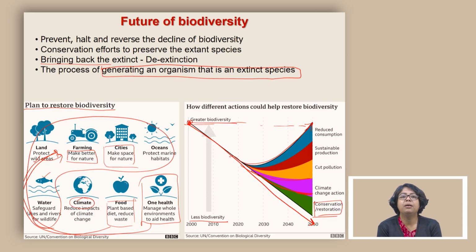And this has been discussed for quite some time, and the list of groups which might be candidates for de-extinction, where the researchers will try to de-extinct them, includes mammoths, organisms like passenger pigeon, any organism which went extinct during the human time scale, especially in the last 15,000 years.